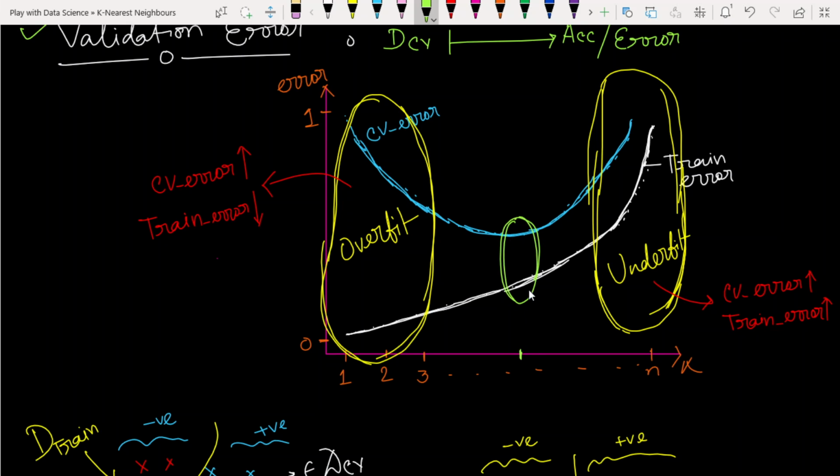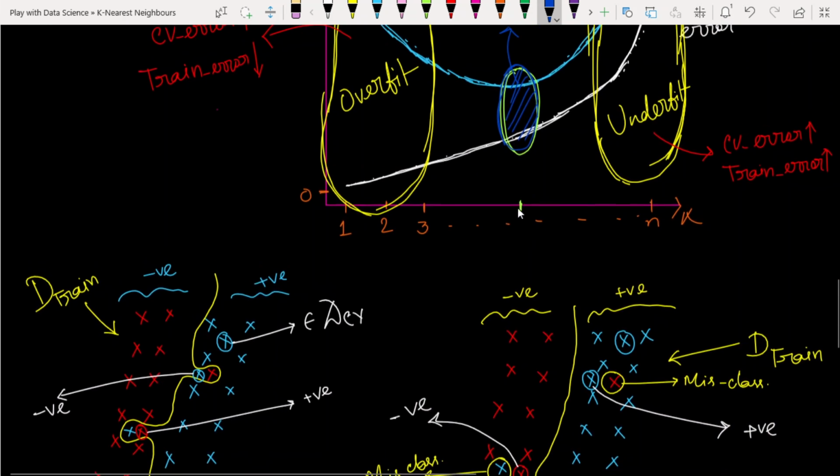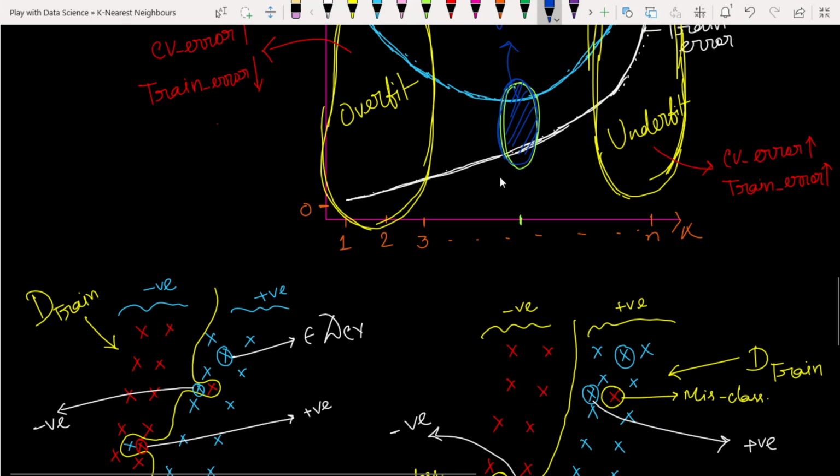This deep blue region is called the well fit region. In this region, our cross validation error is approximately equal to our training error.